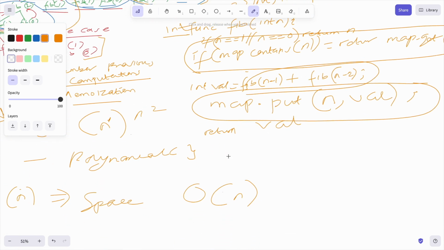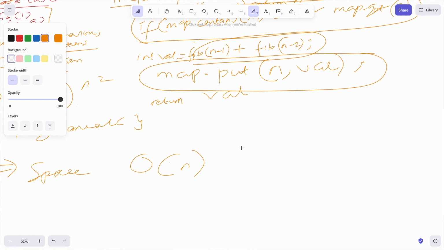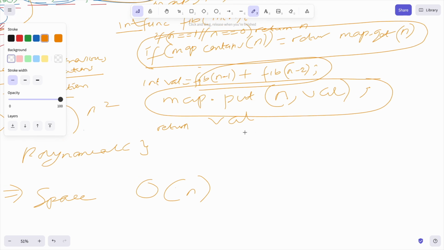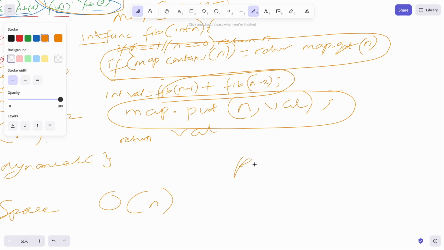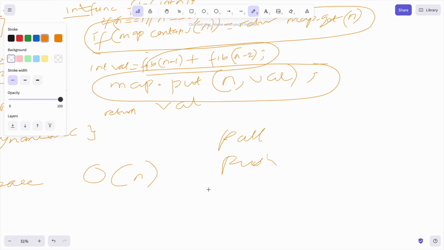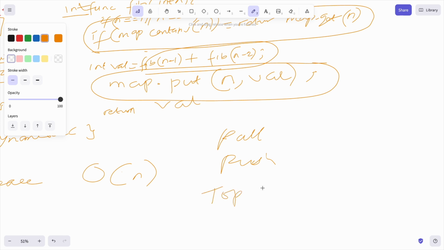One other thing that I should mention is that for dynamic programming, there are several ways to solve them. Some people say there are pull approaches, some say push approaches, some will say there is a top-down approach, and there is also a bottom-up approach.